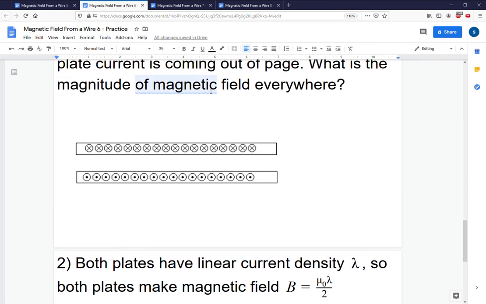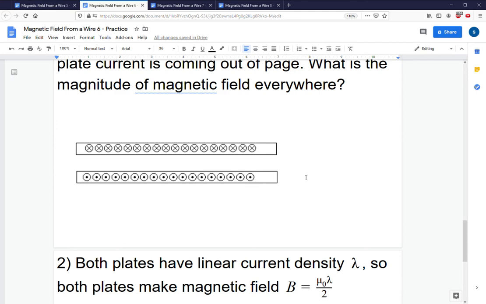So for the top sheet, the current is going into the page, which means that we can use the right-hand rule and say that above this plate, the magnetic field is going, point our thumb into the page, stick our fingers up, and then curl them, and you can see they curl to the right. So this sheet creates magnetic field to the right above it and to the left below it.